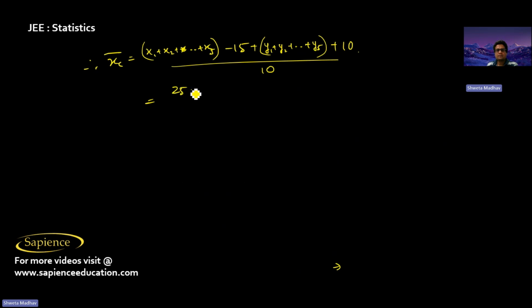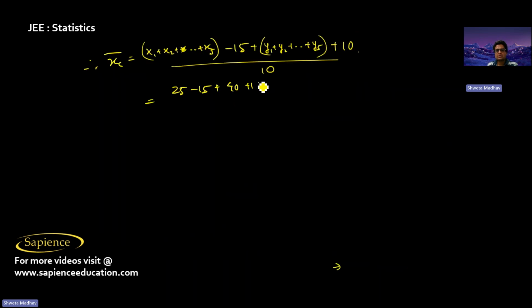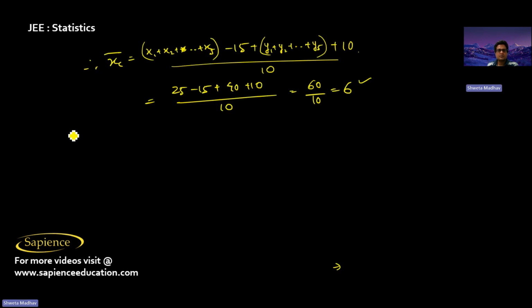This will be 25 minus 15 plus 40 plus 10, divided by 10. 25 minus 15 is 10, 10 plus 10 is 20, 20 plus 40 is 60, 60 by 10 is equal to 6. So 6 is the mean of all the elements in C.